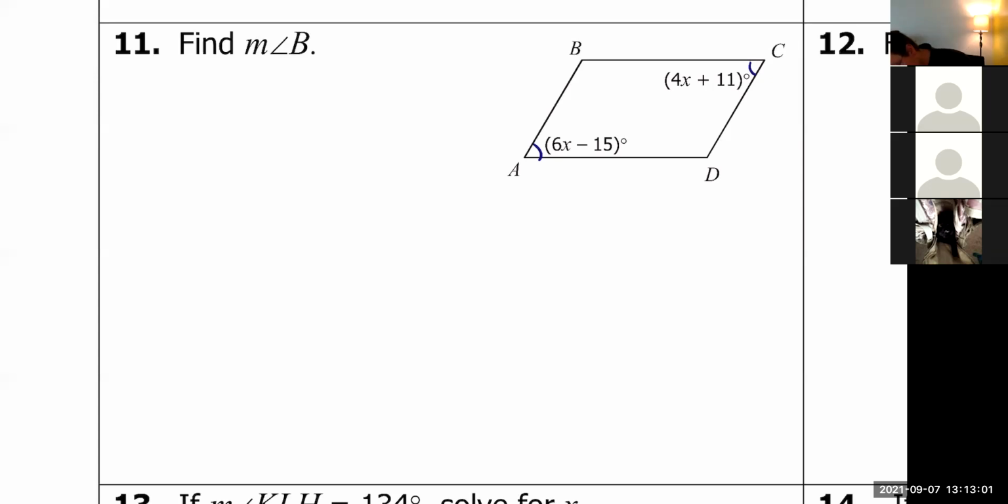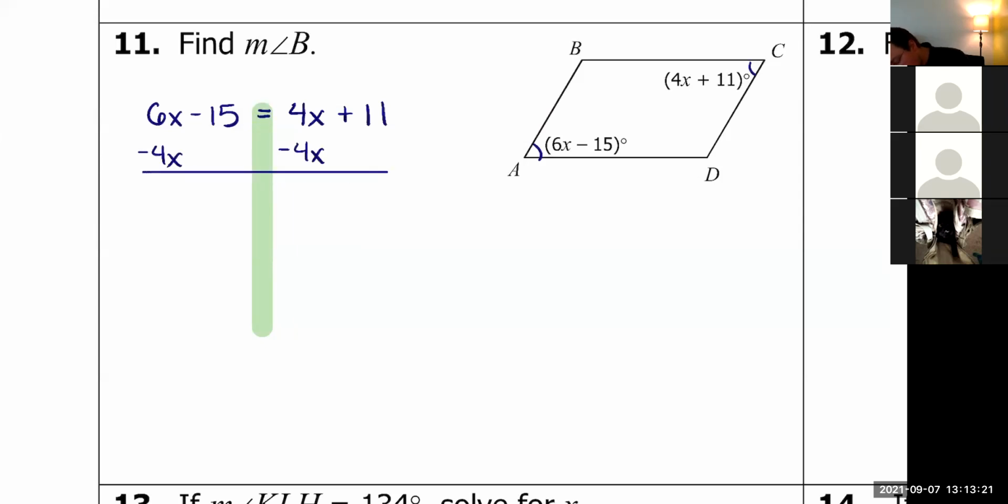We have expressions for each, so we should be able to write 6x minus 15 equals 4x plus 11. Subtract 4x from both sides first. 2x minus 15 equals 11.